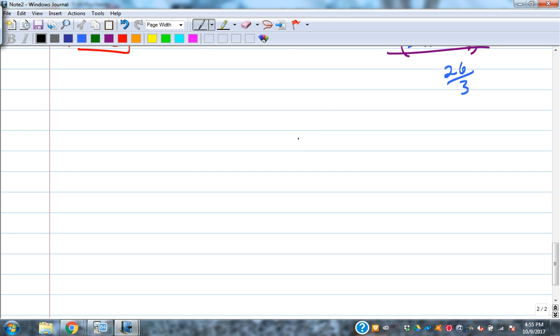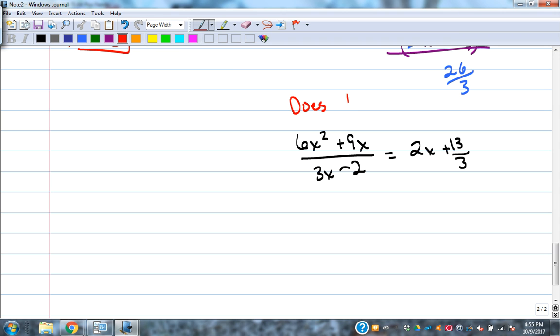I'm just going to go back to the multiplied out, 6x squared plus 9x over 3x minus 2, and set it equal to that oblique asymptote, 2x plus 13 over 3. Does the graph cross the OA?